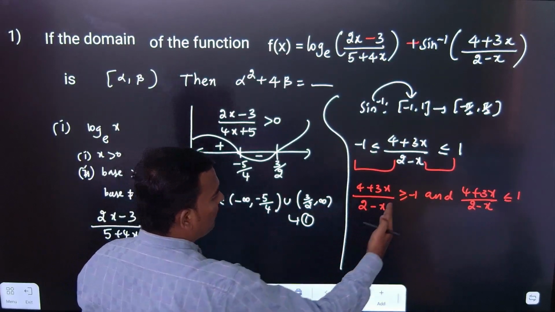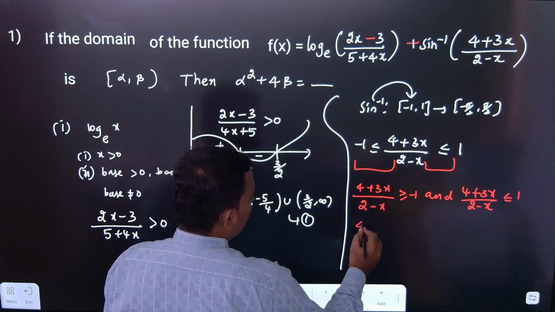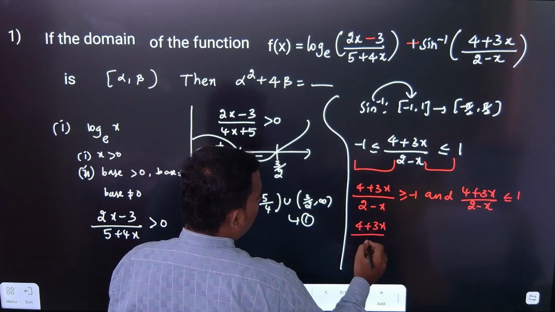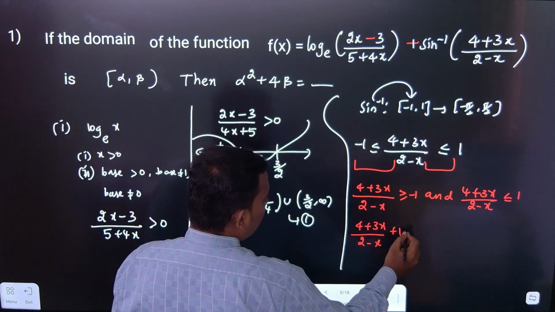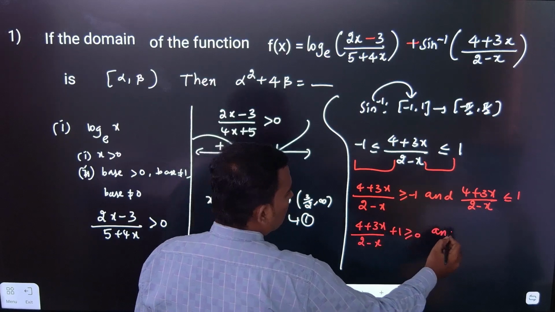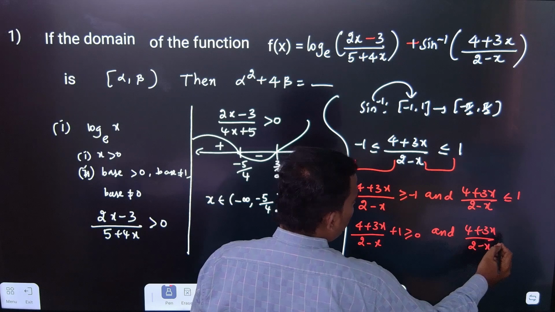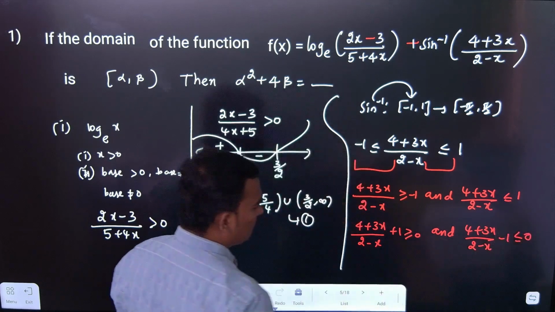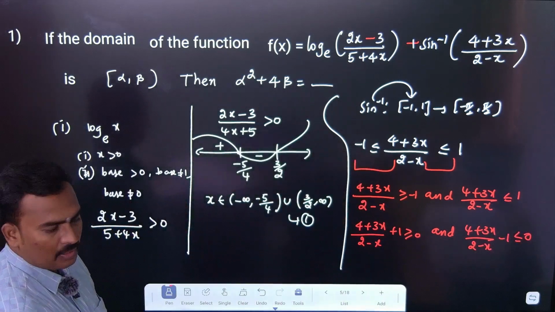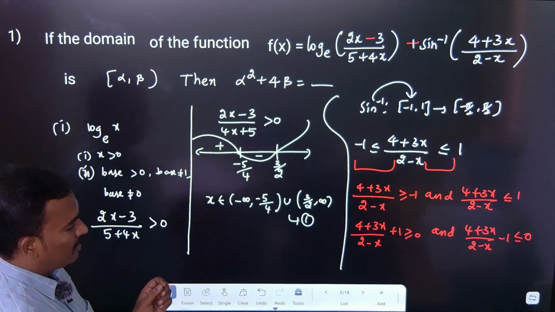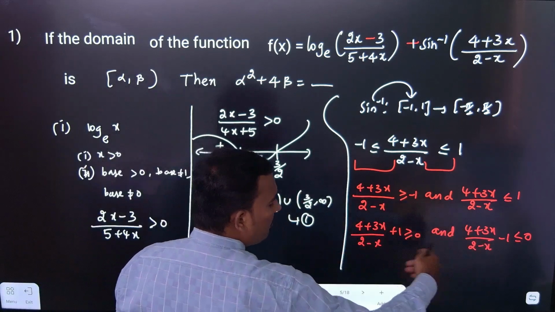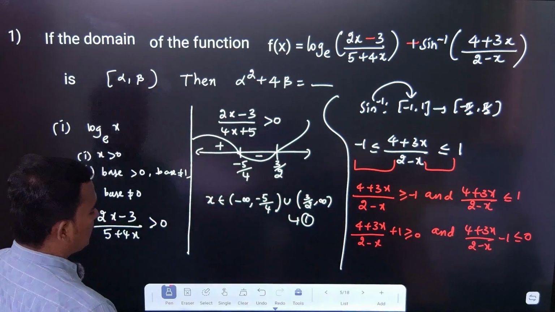Then you can send the −1 to the left side. So (4 + 3x)/(2 − x) + 1 is greater than 0, and (4 + 3x)/(2 − x) − 1 is less than or equal to 0. Clear? Now you have to find the x value and then take the intersection of these two things, right?